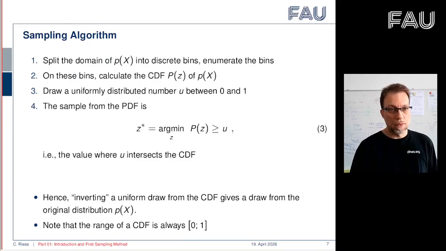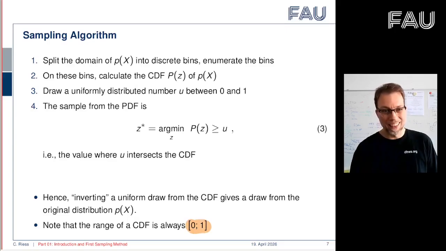So the algorithm in a nutshell: split the domain of P of x into discrete bins, enumerate the bins. On these bins, calculate the cumulative density function P of z of P of x. Draw a uniformly distributed number u between 0 and 1, because the CDF is always between 0 and 1.